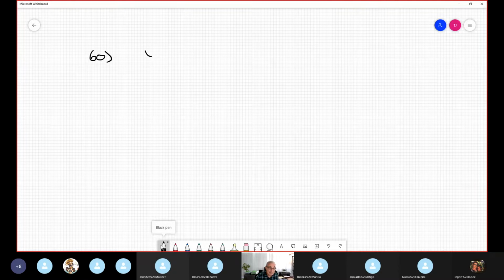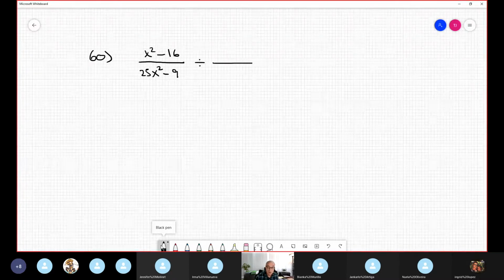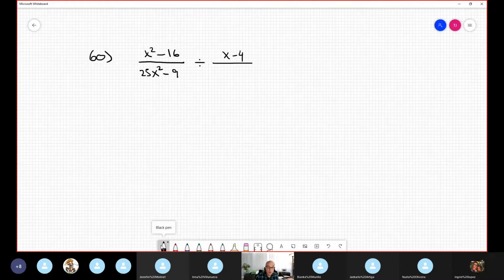Suppose 16x squared minus 16 over 25x squared minus 9, division, well, again division, x minus 4 and 3 minus 5x.